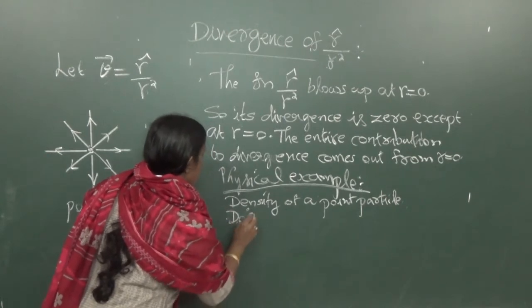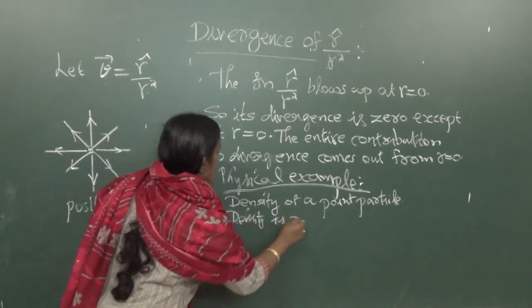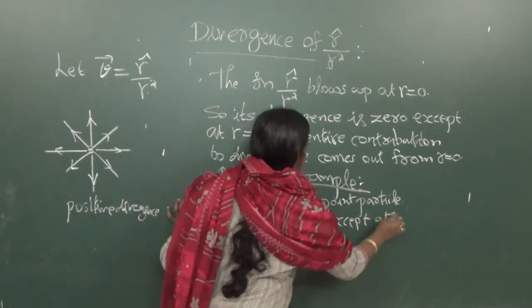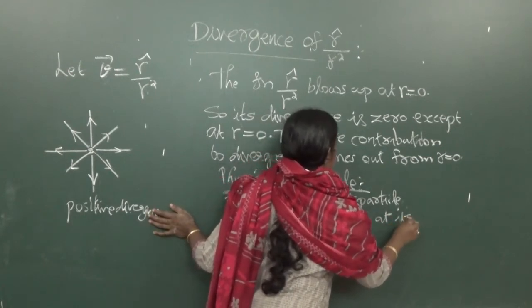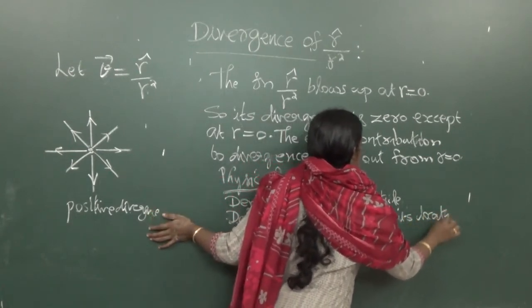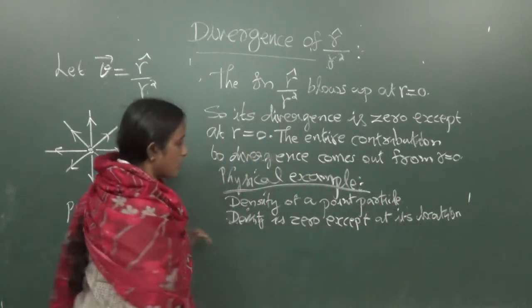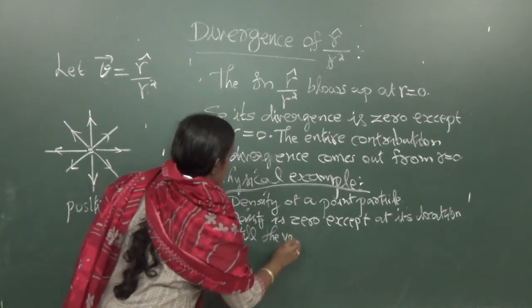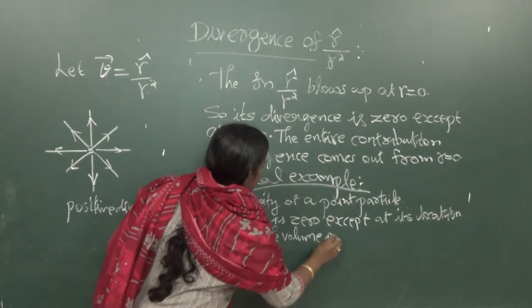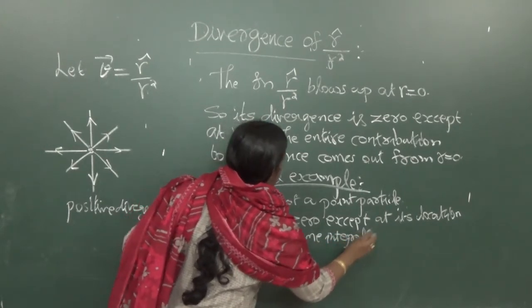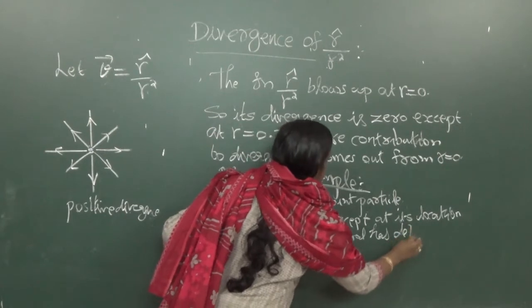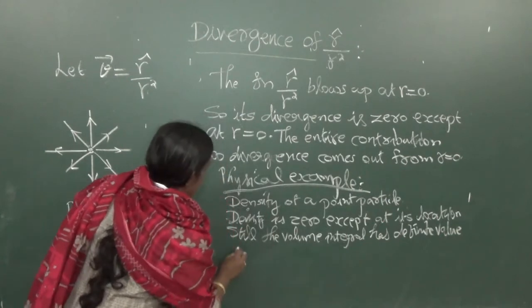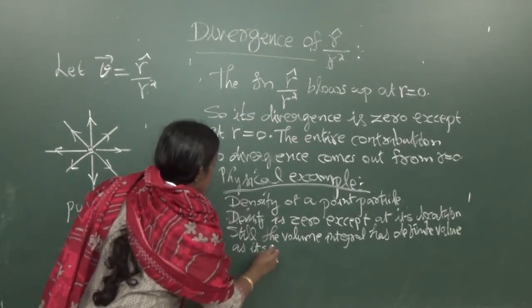Density is 0 except at its location. Still the volume integral has a definite value, as its mass.